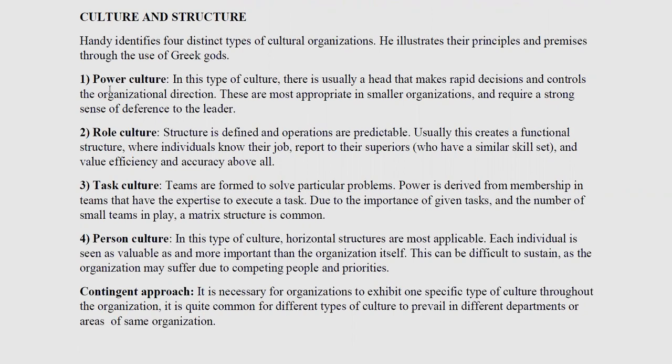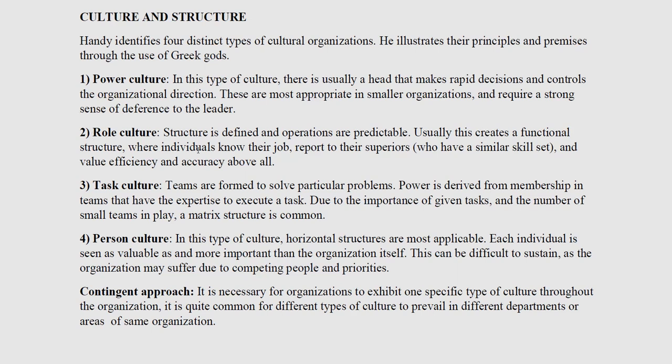When it comes to power structure, in this type of culture, there is usually a head that makes rapid decisions and controls the organization's direction. These are most appropriate in small organizations and require a strong sense of deference to the leader. This one is mostly entrepreneurial, right? Head at the top, like Zeus. This guy controls everything.